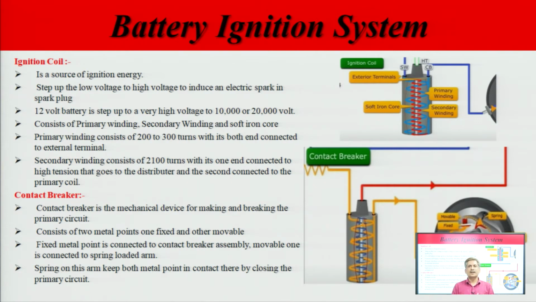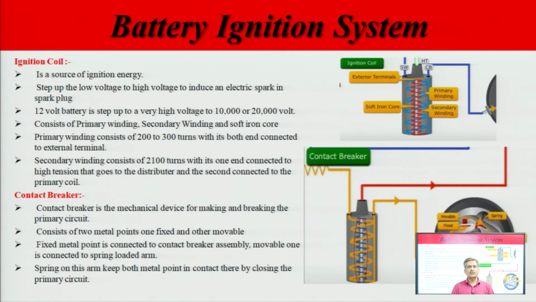You all know Faraday's law of electromagnetism. With the help of that electromagnetic principle, because of this difference in number of turns, the voltage suddenly steps up from 12 volt to 20,000 volt. It consists of primary winding, secondary winding and a soft iron core.